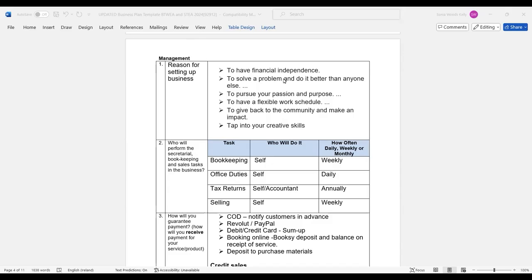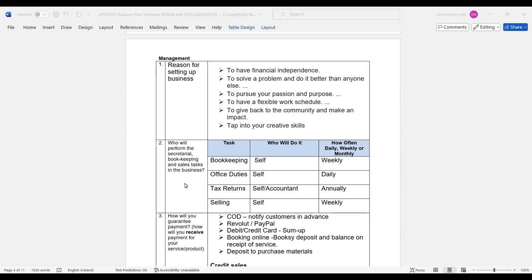Some of the reasons might be to have financial independence, to solve a problem and do it better than anyone else, to pursue your passion and purpose, to have a flexible work schedule, to give something back to the community and make an impact, or to tap into your creative skills, or any other reason. It can be all of the above plus some more, or whichever ones are relevant to yourself.